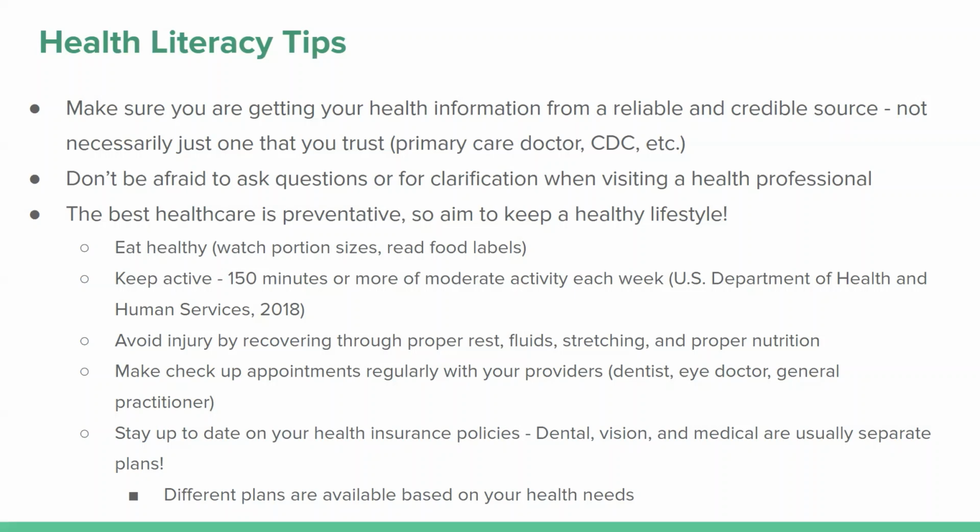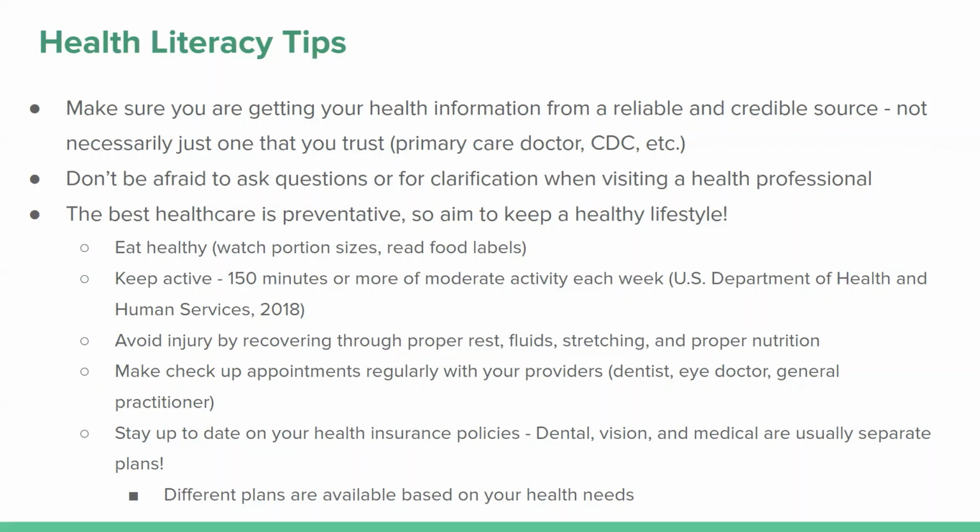In most situations, the best healthcare is preventative, so aim to keep a healthy lifestyle by doing a combination of different things. These tips below are from the U.S. Department of Health and Human Services. Eat healthy by watching portion sizes and reading food labels. Remember that nutrition facts label we saw? Apply some of those things to your diet. It's important to keep active.